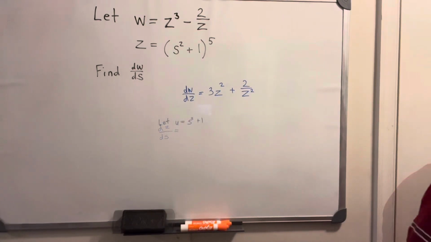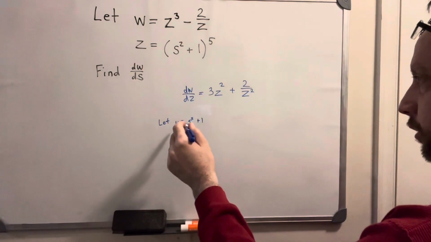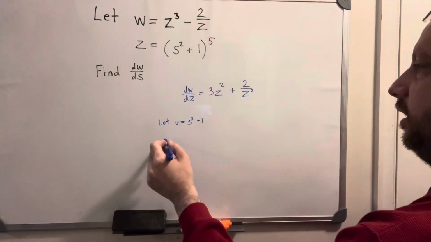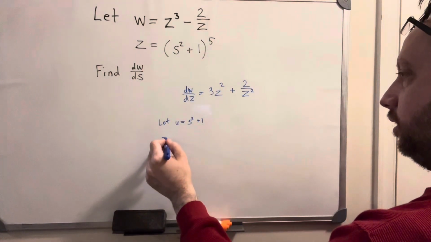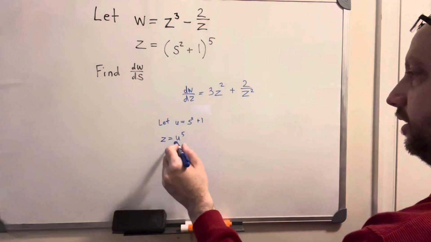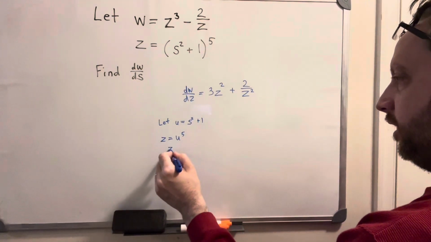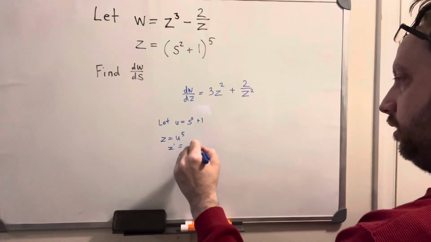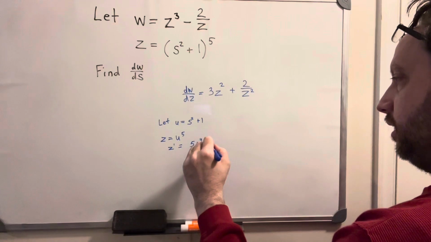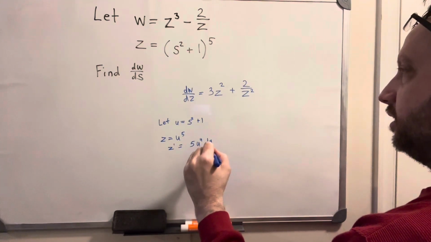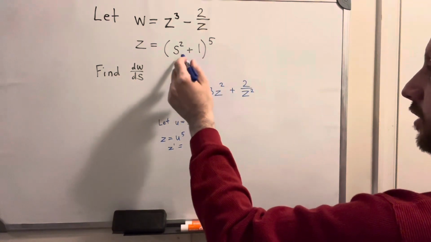So if we let a new variable u be s squared plus 1, then z would be u to the 5th, right? Now we want to find z prime. We do 5u to the 4th times du/ds.